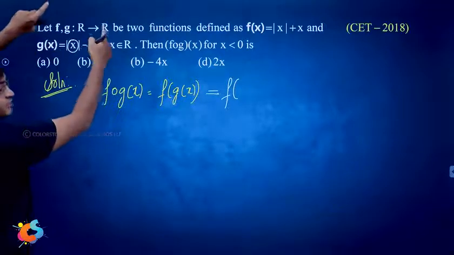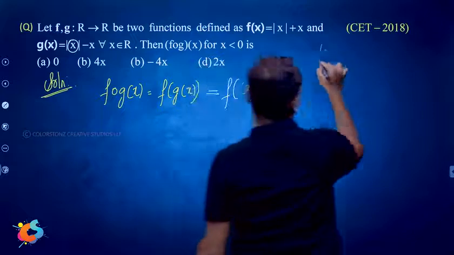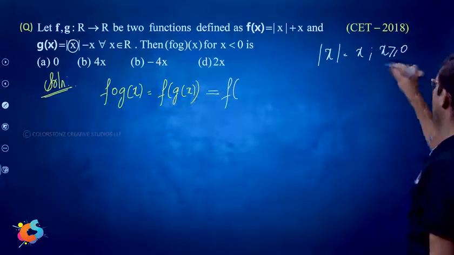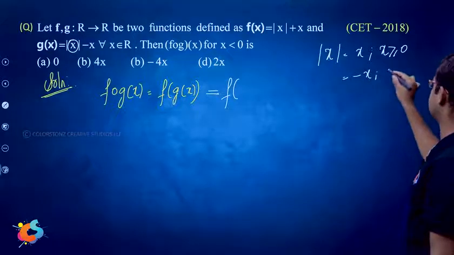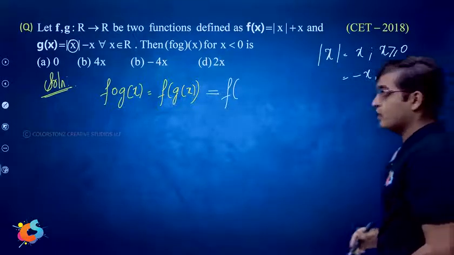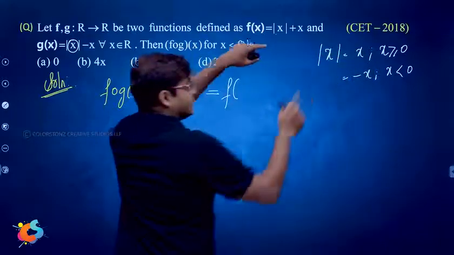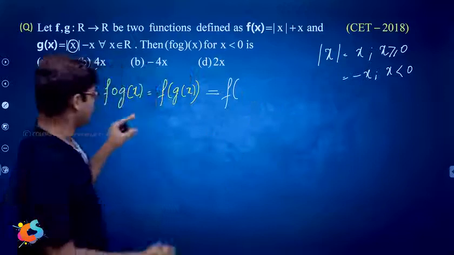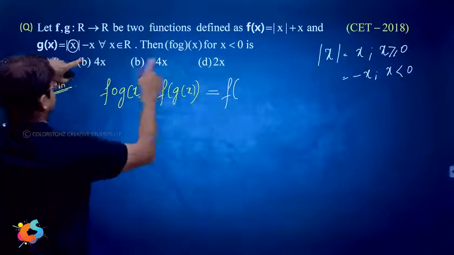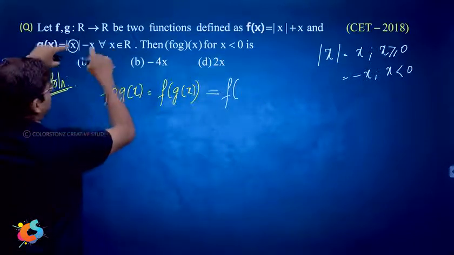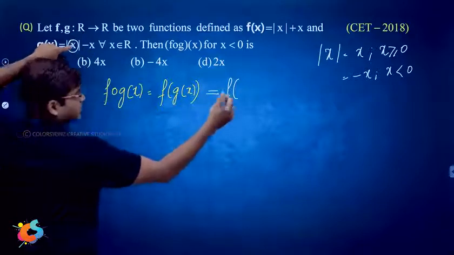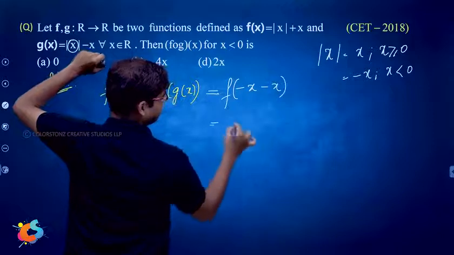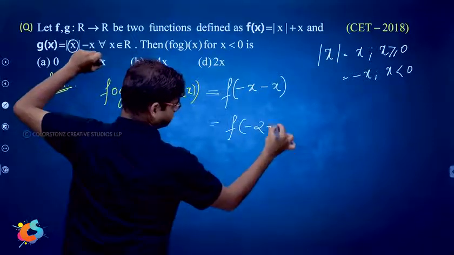When inside thing is negative, if you are removing the mod, just before we have discussed, this is equal to x for x greater than or equal to 0, and this is minus x for x is less than 0. So if you are removing the mod, if inside thing is negative, put one negative sign and put whatever is there inside. So therefore, here if x is less than 0, when you remove the mod, you write whatever is there but put a negative sign, and already one minus x is there. So this is f of minus 2x.